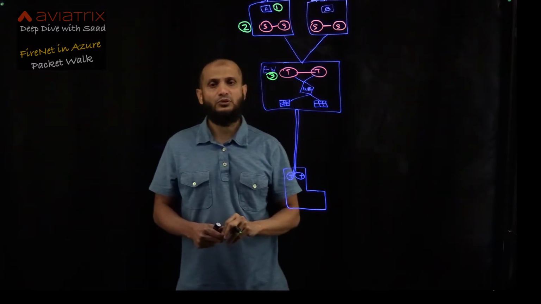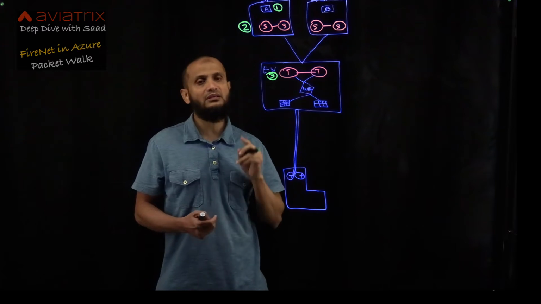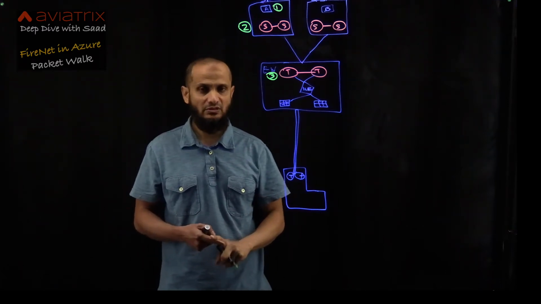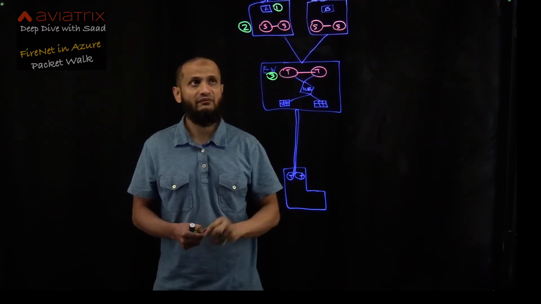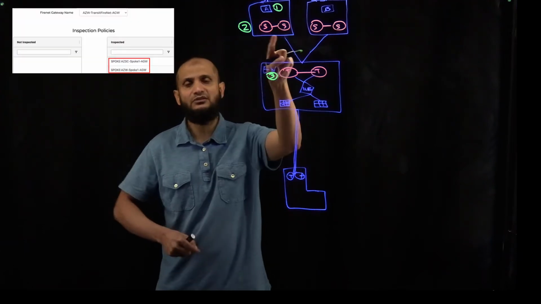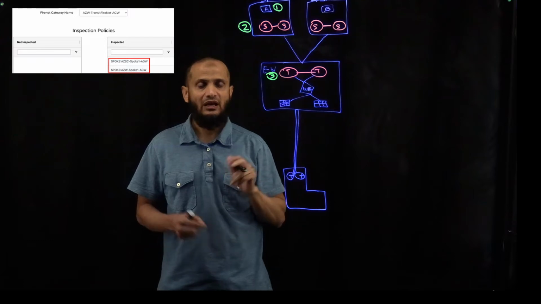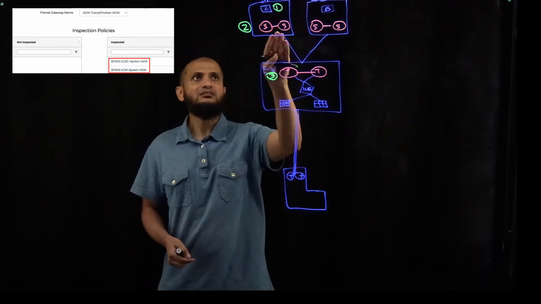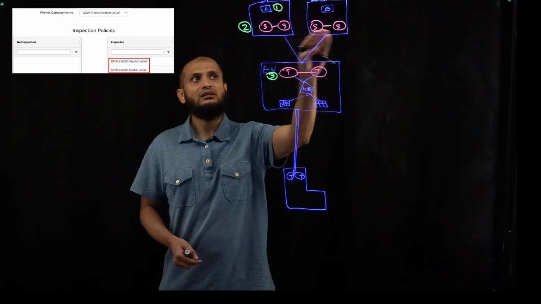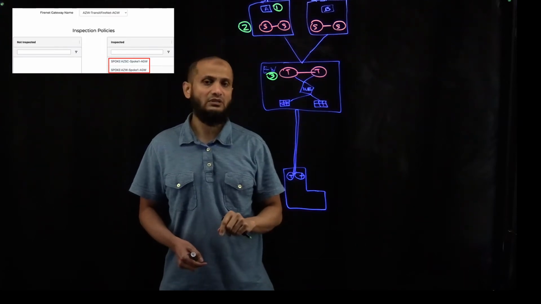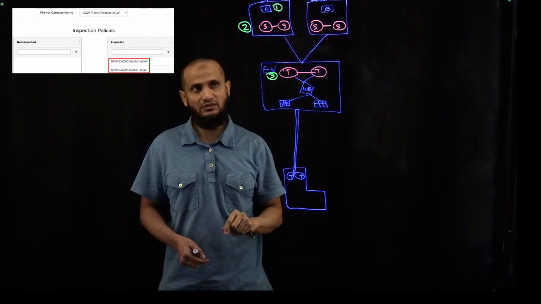At this time, the transit is going to check whether the inspection policy, which is the FireNet policy, is configured for this particular spoke, either the source or the destination. Assume in this scenario that the spoke A and spoke B gateways are all under the inspection policy.